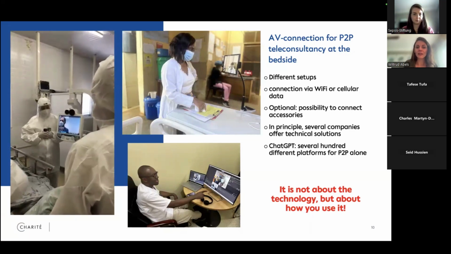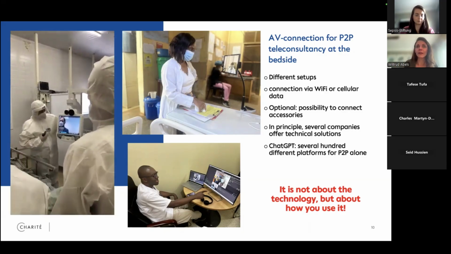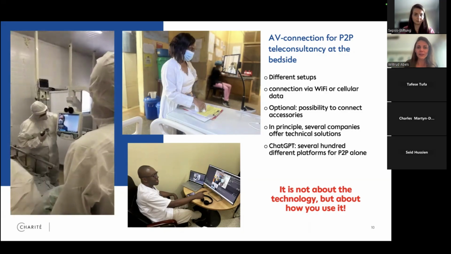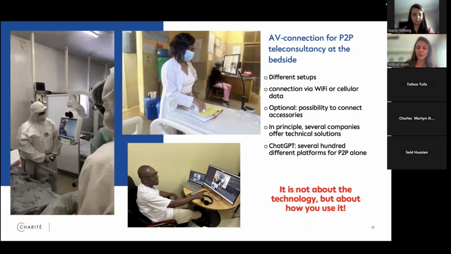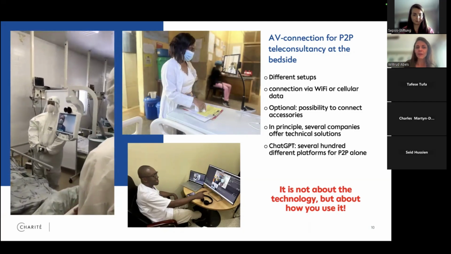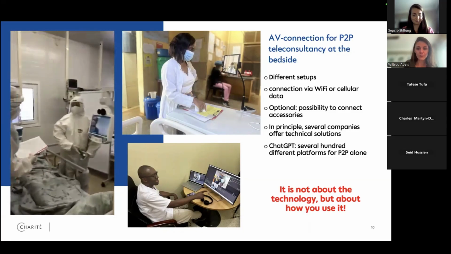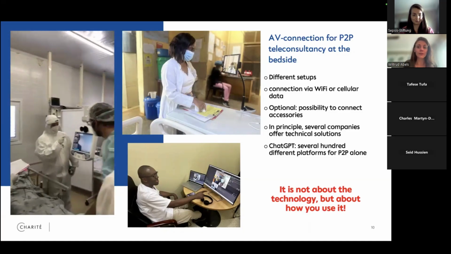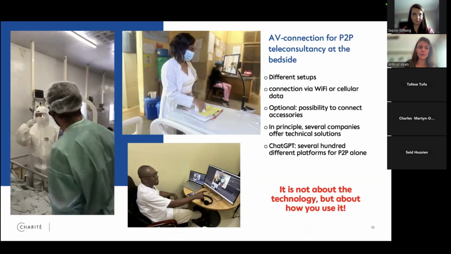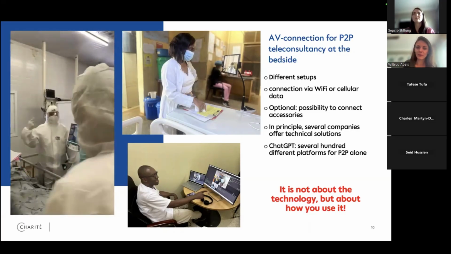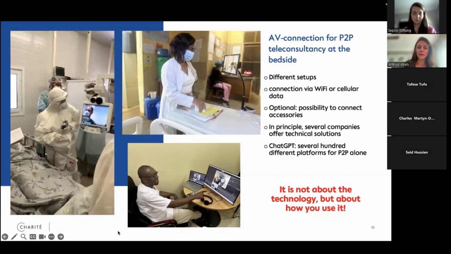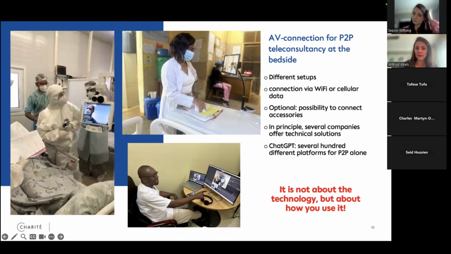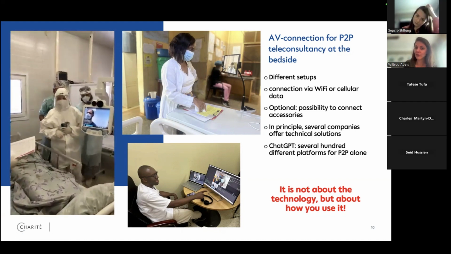Others are more, let's say, flexible, but offer fewer of these additional gadgets. What's important to say is that in principle, many companies offer technical solutions. And one of the exercises in building a telemedicine approach is to think about which one of the solutions I want to use, which makes sense in my setting, what's my price range, what's my budget.